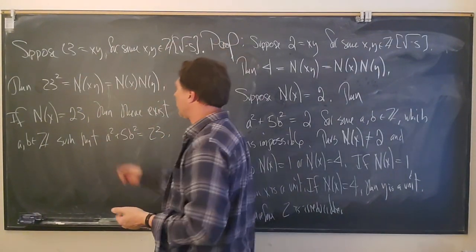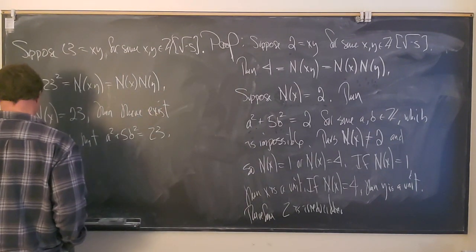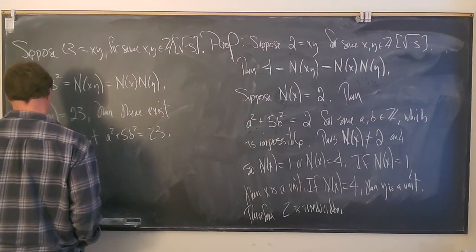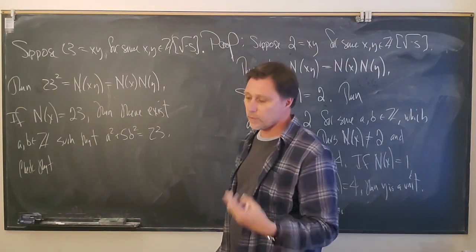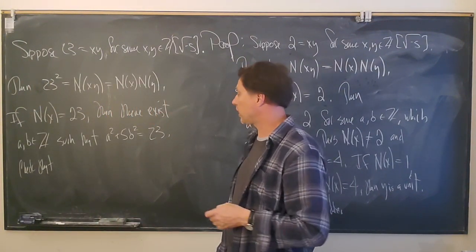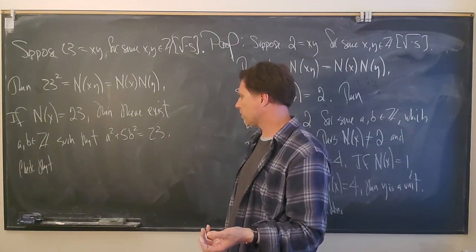And then you can just check that no such a and b exist. So what can a be? 1, 2, 3, 4, 5. No, as soon as you hit 5, you're too big. So a can be 1, 2, 3, or 4.